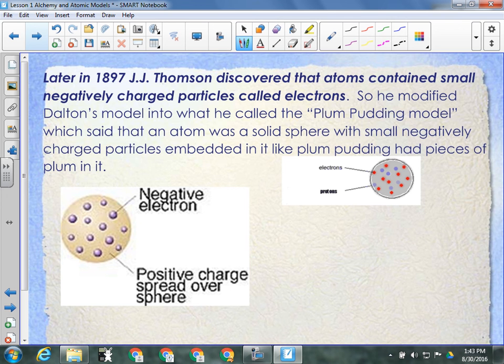Why he didn't call them negatrons, I'll never understand, but he called them electrons, I guess, because they make electricity. But they're negatively charged particles. They're embedded on the surface. So he kind of kept part of Dalton's model, but improved on it a little bit to help explain his findings. So we went from solid sphere, and J.J. Thomson discovered electrons, and came up with the plum pudding model of the atom.